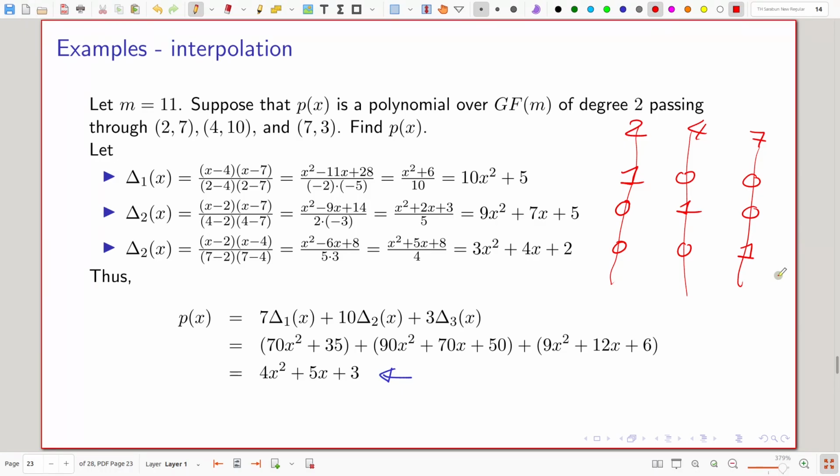The final polynomial is like a linear combination of these 3 polynomials, okay? And these 3 polynomials are like a basis, right? So 1, 0, 0, 0, 1, 0, 0, 0, 1, okay? And you want a final polynomial that is like 7, 10, and 3, right? So you multiply the first polynomial with 7, you multiply the other one with 3, and you get the function, okay?